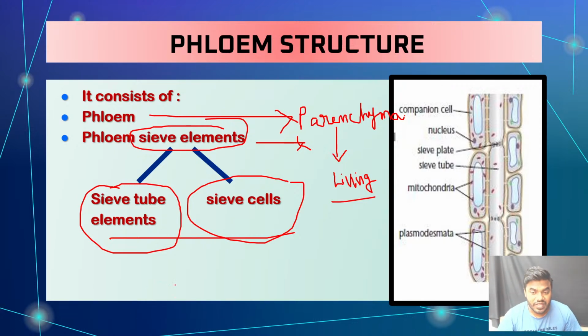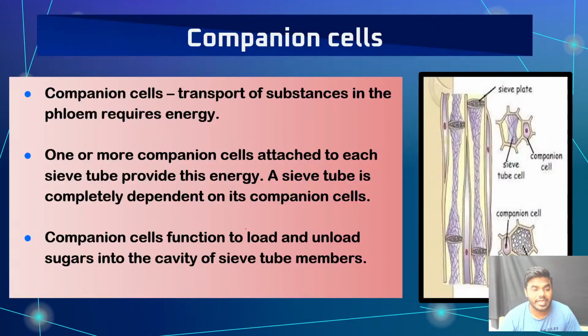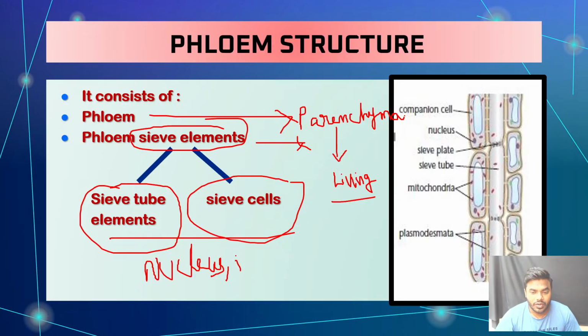Friends, even though they are living at maturity, they do not have nucleus, right? And they do not have certain other organelles also. So then how can they synthesize the protein? They do not have the nucleus, they do not have the mitochondria. Hence, my friends, they cannot synthesize their own proteins.